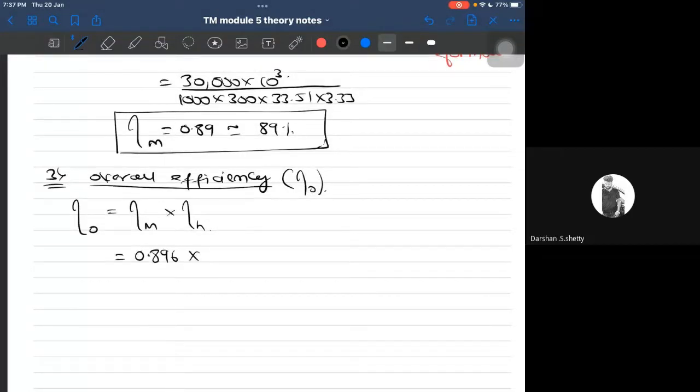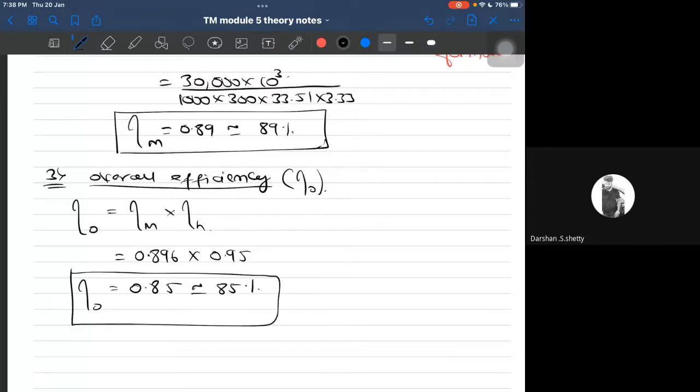So what is overall efficiency? It is 0.85, or I can say 85% is the overall efficiency of this particular turbine. And there ends your problem.